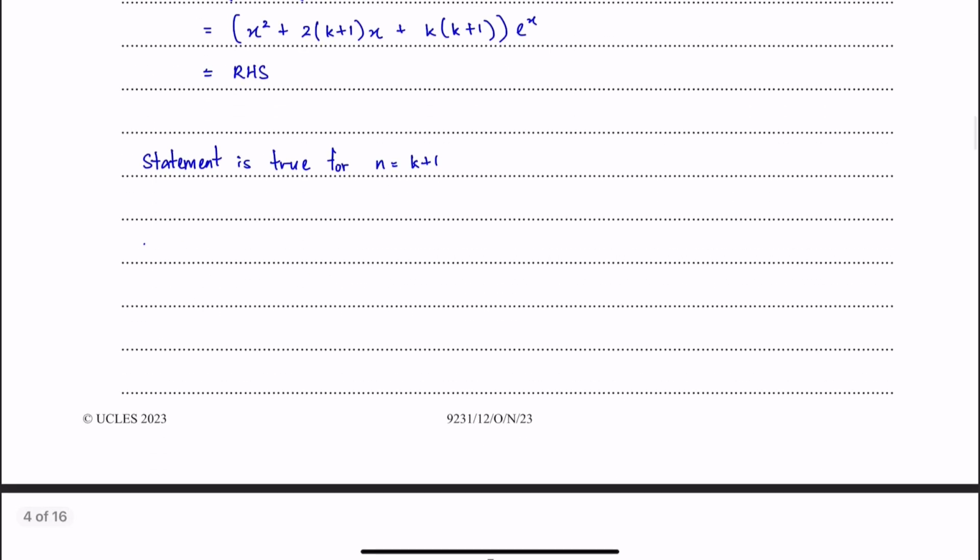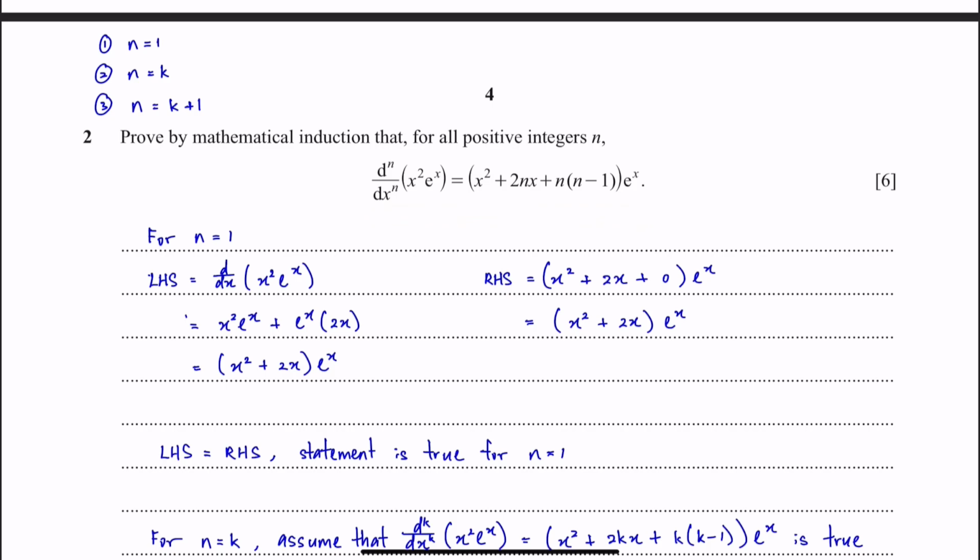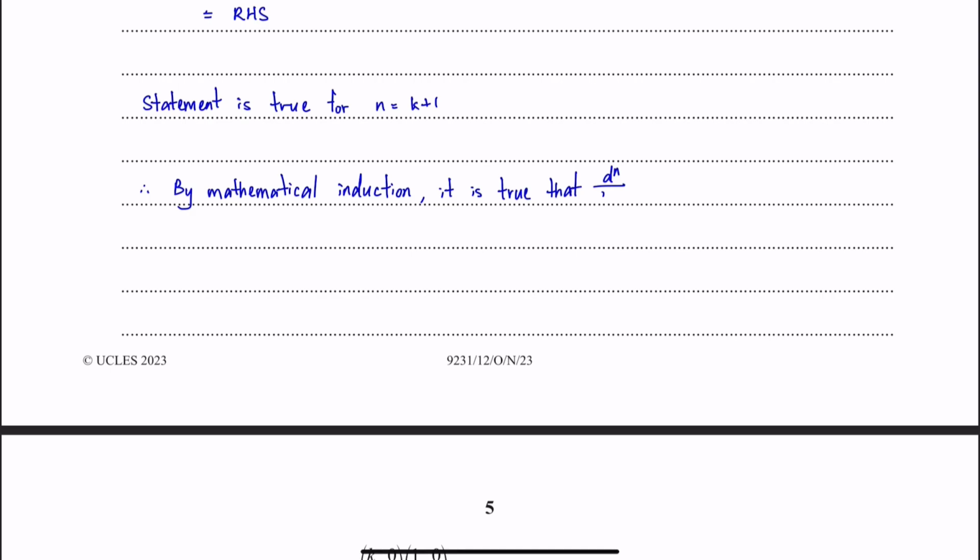And now we have to write the conclusion, which is by mathematical induction, it is true that this statement, so we just copy it down, it is true that this is equals to this for all positive integers n.